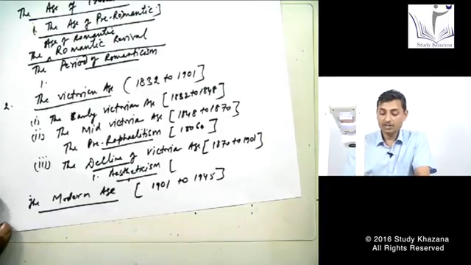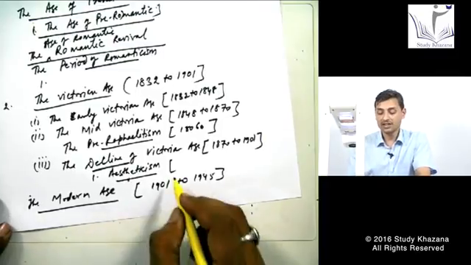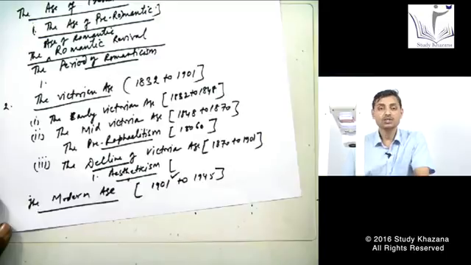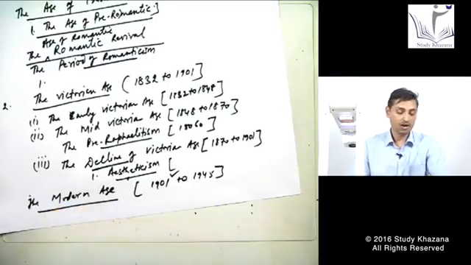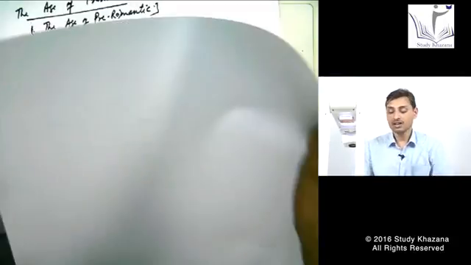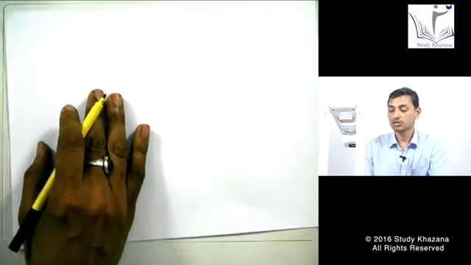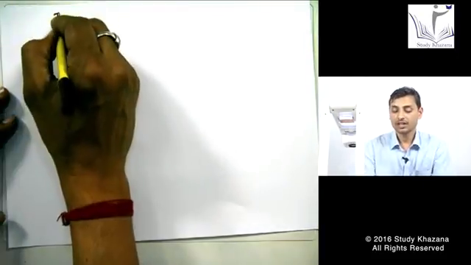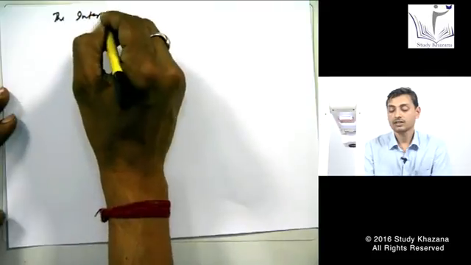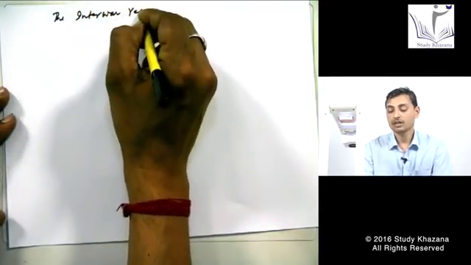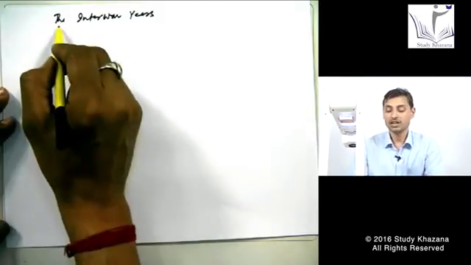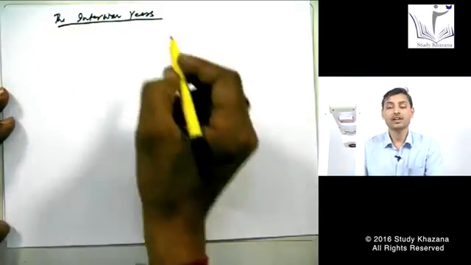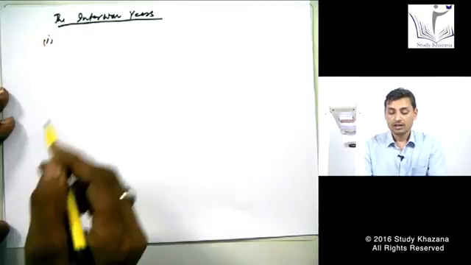As we come to the modern age, we find that it started in 1901 and continued to 1945. This period is also known as the interwar years, because of the two world wars.